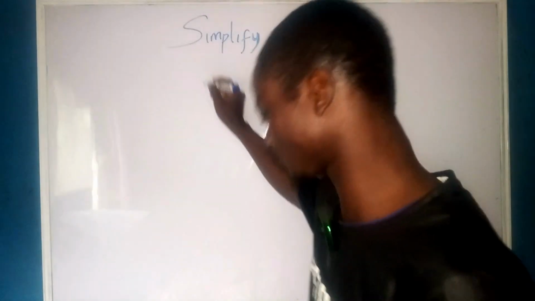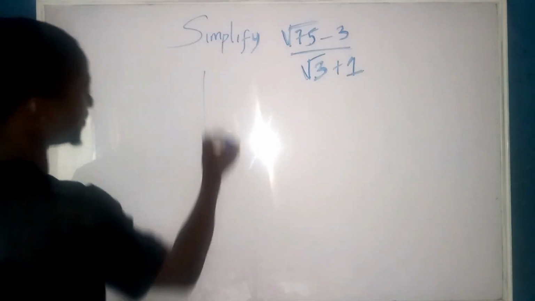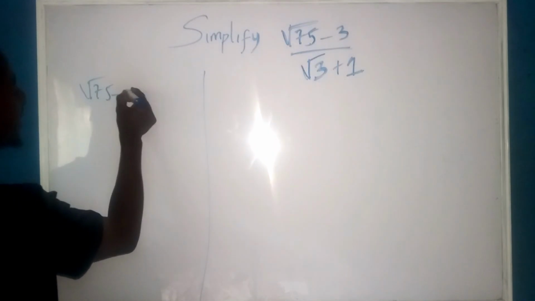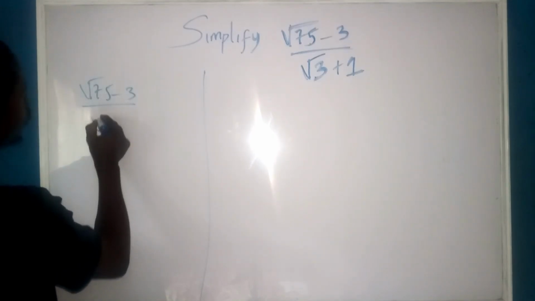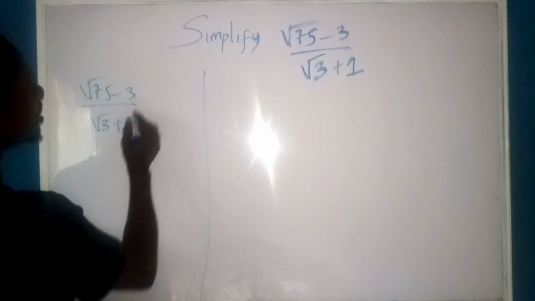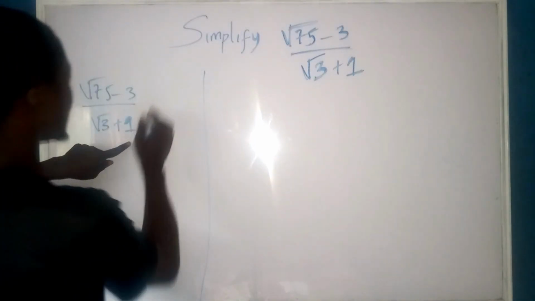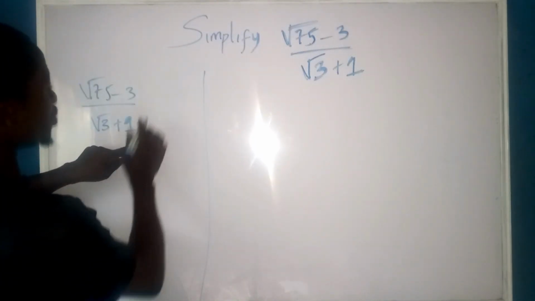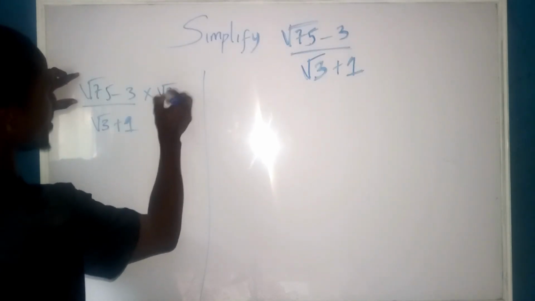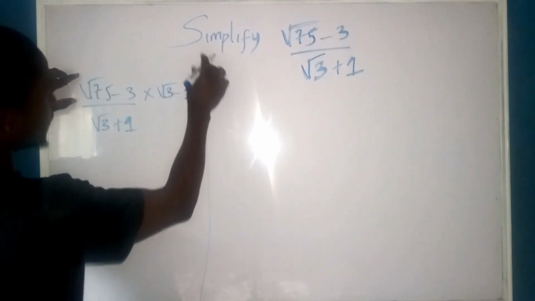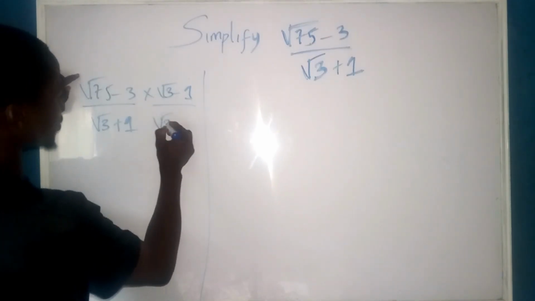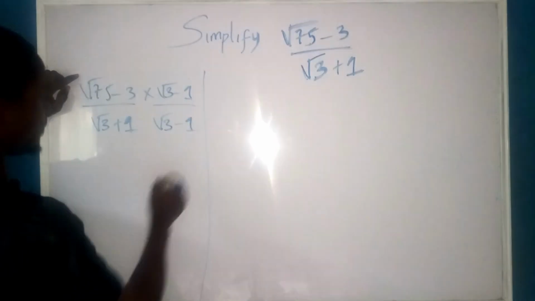So we are now going to have root of 75 minus 3 over root of 3 plus 1. So the conjugate becomes root 3 minus 1. We are going to multiply both the numerator, so times root 3 minus 1, and also the denominator, all over root 3 minus 1.